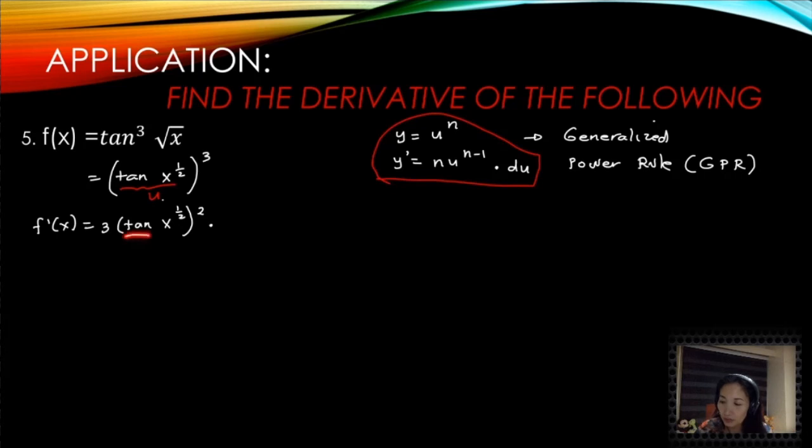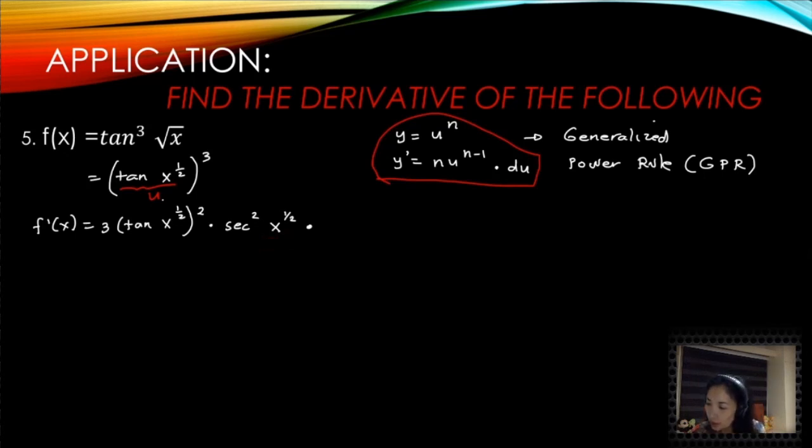So times the derivative of tan of x raised to 1/2, which is secant squared of x raised to 1/2, times we also have to differentiate x raised to 1/2, from our chain rule.